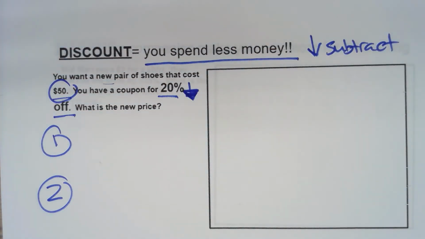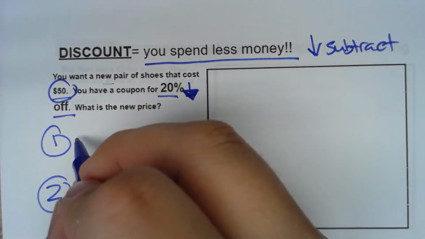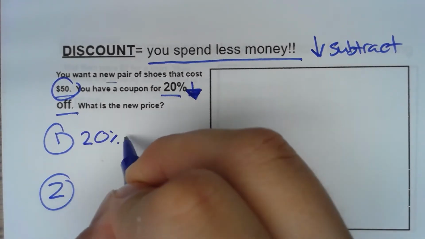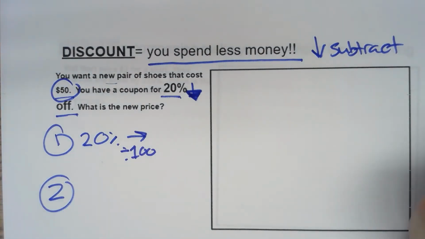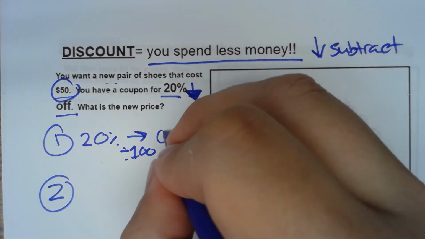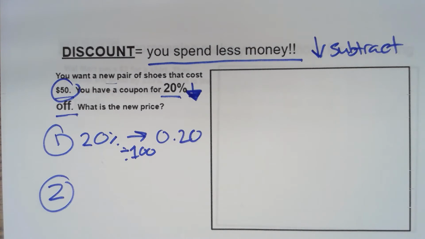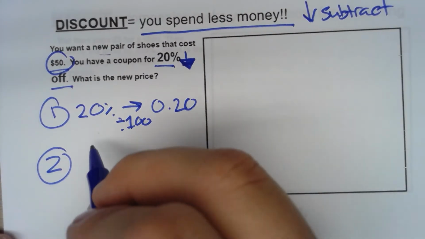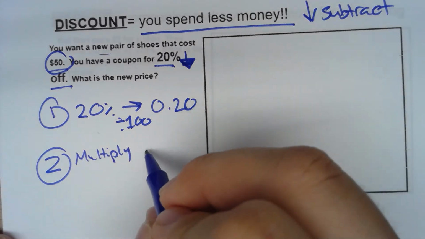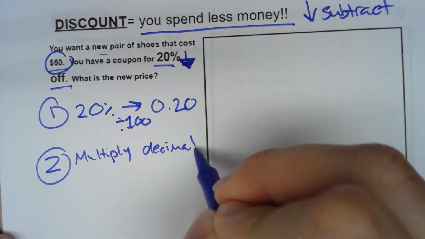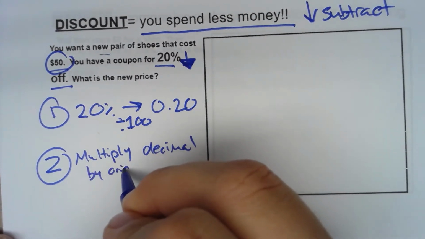Okay? Let's calculate that. Step 1, change 20% to a decimal by dividing by 100. The same thing we did. You're going to get 0.20. Step 2, you need to multiply the decimal by the original price.